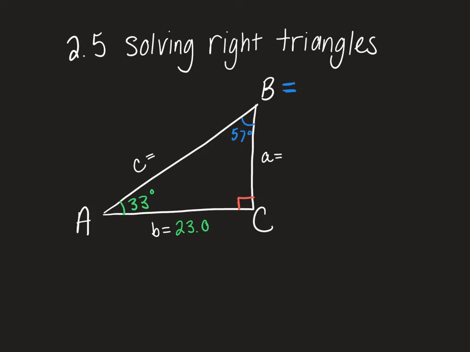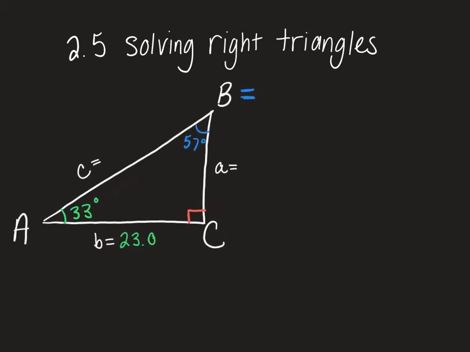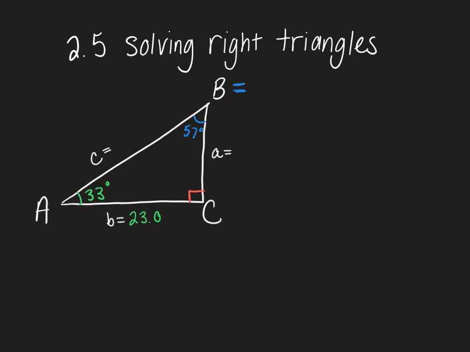All right, so now we have to use what we know about trig functions to find our two missing sides, side A and side C. So let's look at angle A. From angle A, I would use tangent to find side A, because the tangent of angle A, so the tangent of 33, is going to be equal to the opposite side over the adjacent side.